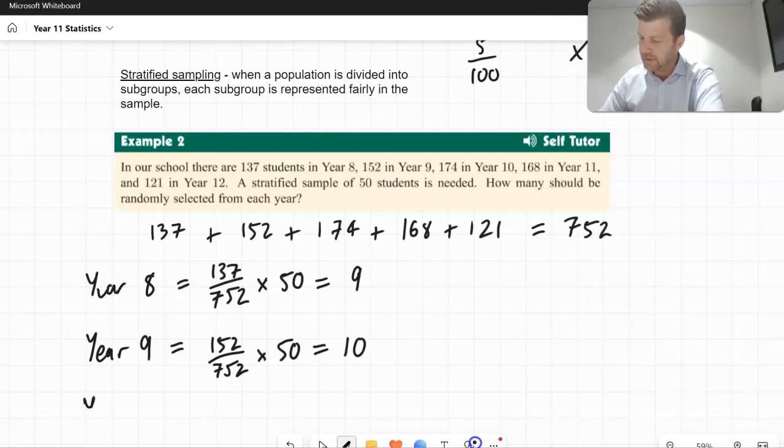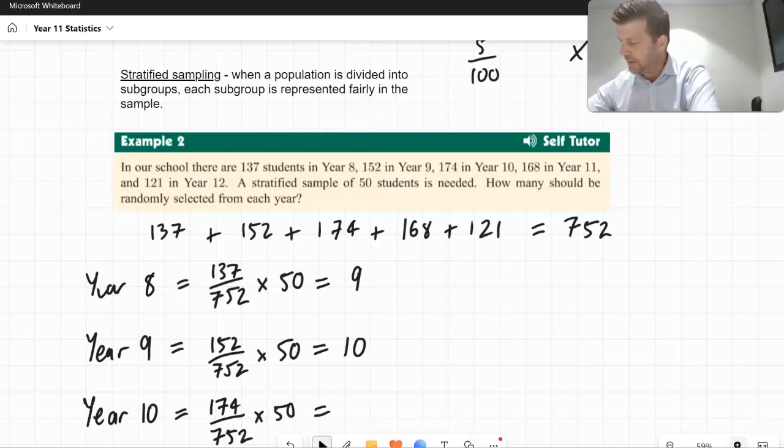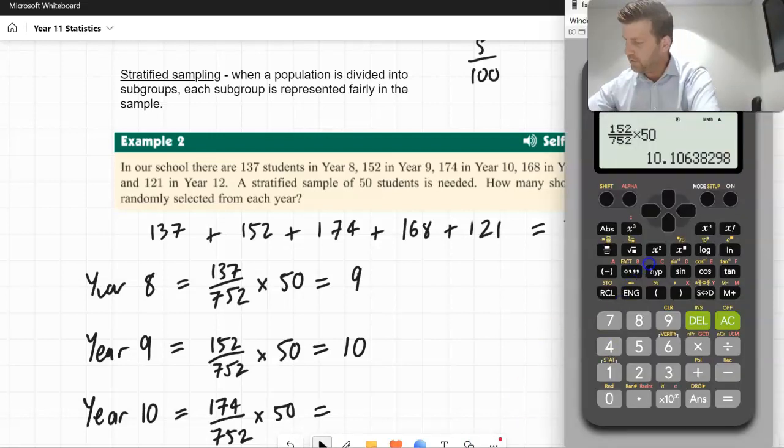Again, we do the same with the Year 10s. At this point, if you want, you can speed up because I'm just going to be going through the exact same process for all the year levels. This time there's 174 Year 10s. Again, put this into my calculator and it'll give me the total. But what I might just do is change that number there to 174. This time 11.5, so I'm going to round that again to the nearest whole number.